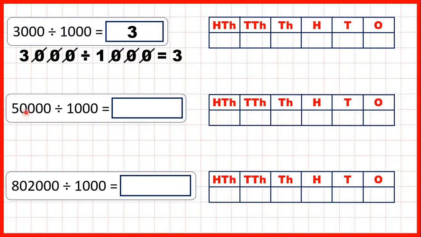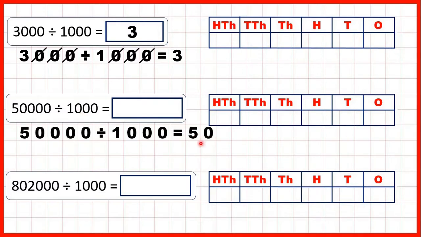Now we have 50,000 divided by 1,000. That's 50 because, again, we have 3 end zeros in 1,000, so we can cancel 3 of the end zeros in the dividend. But we can't cancel this end zero here, so we get 50 divided by 1, which gives us our answer of 50.